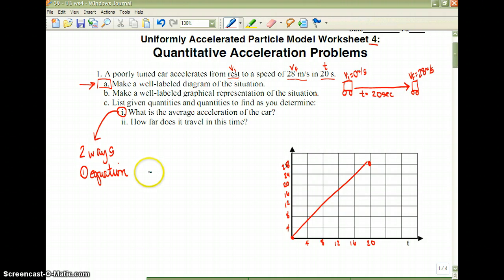I know from the other day that my acceleration is equal to my final velocity minus my initial velocity, divided by time. The other way is by looking at my graph.